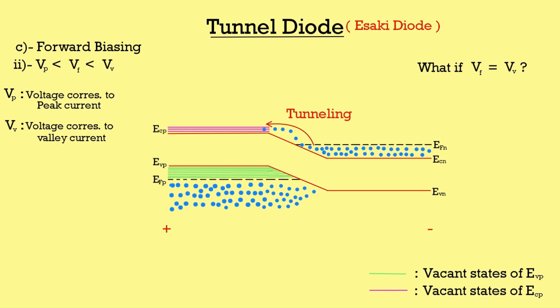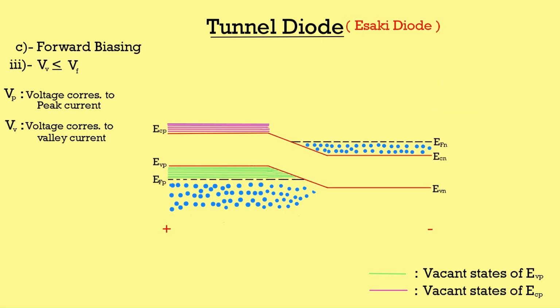So, if the voltage is equal to the voltage corresponding to valley current, then the electrons will start jumping to the conduction band energy level in the p-type. Therefore, the net current will begin to increase from this point. At the voltage corresponding to the valley current, the net current is minimum. If we increase the forward bias voltage further, the current will begin to increase.